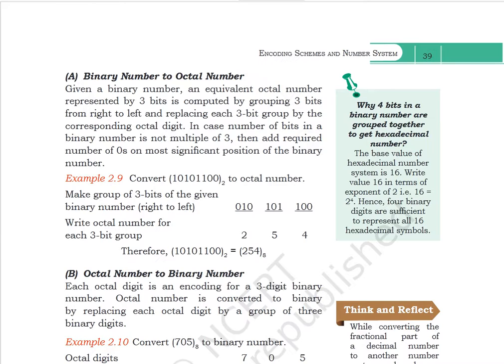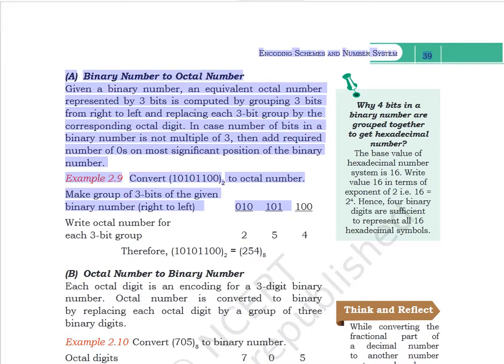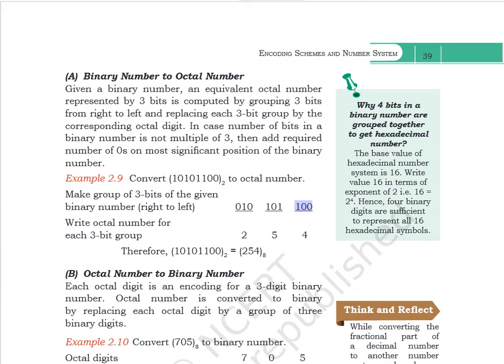Write the octal number for each 3-bit group. 0 1 0 represents 2 in octal. 1 0 1 represents 5 in octal, and 1 0 0 represents 4 in octal. So the given number is converted to its equivalent octal number, and we get the resultant value 254 to the base 8.